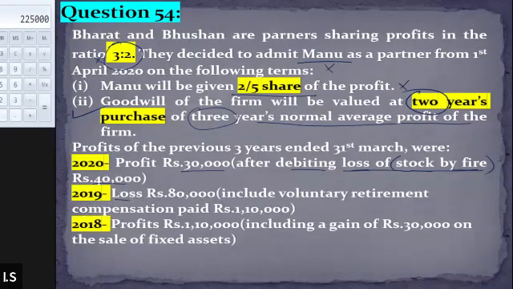In the year 2019, it says a loss of 80,000. So there is a loss in the year 2019, and this loss includes voluntary retirement compensation paid. See, any kind of compensation paid is not the normal loss or expense of the business.